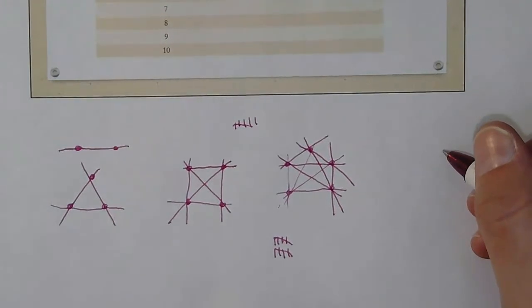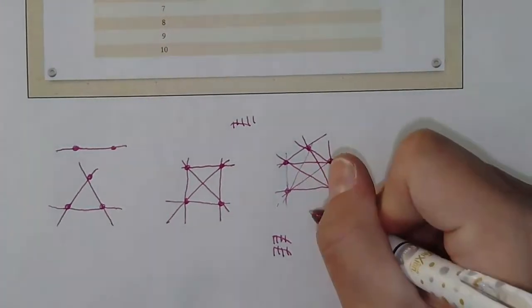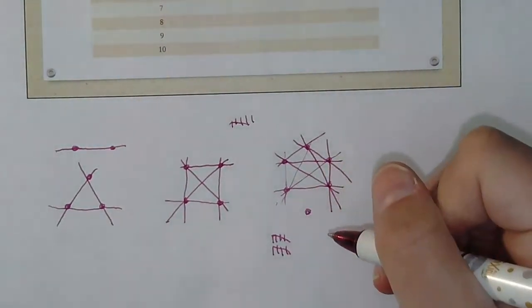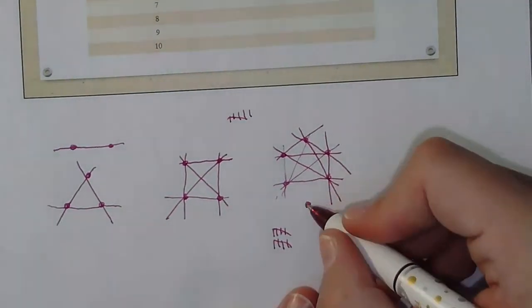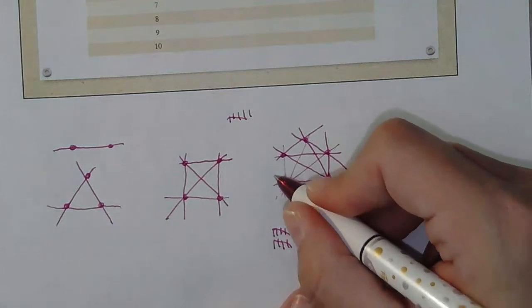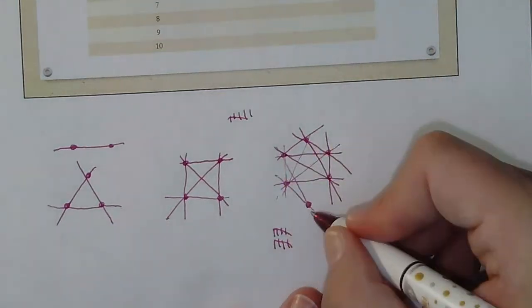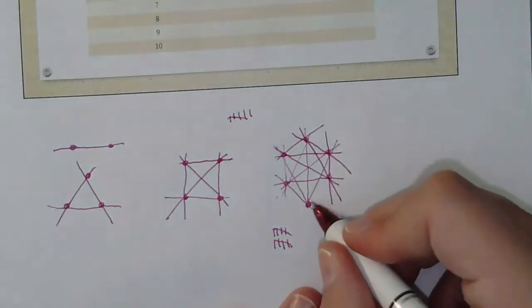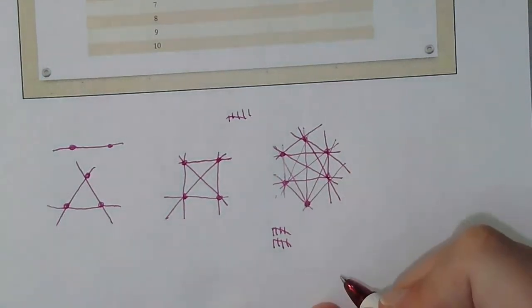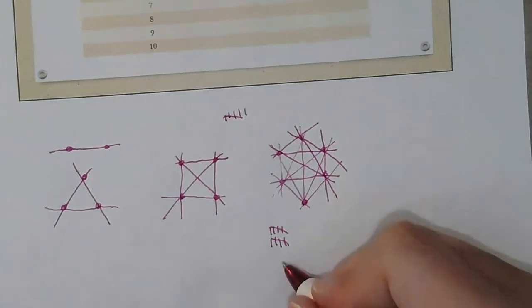Okay. So let's go with the 6th point. I'm just going to add a point here, and that means I can go 1, 2, 3, 4, 5 more places.